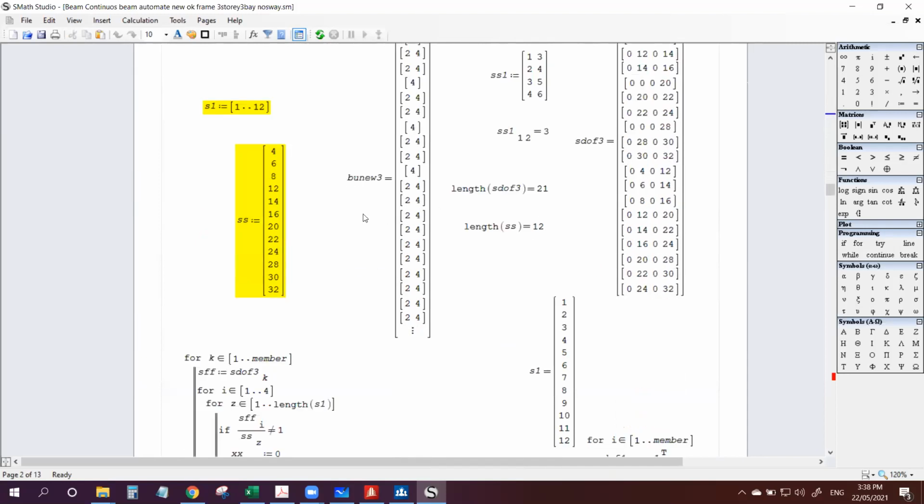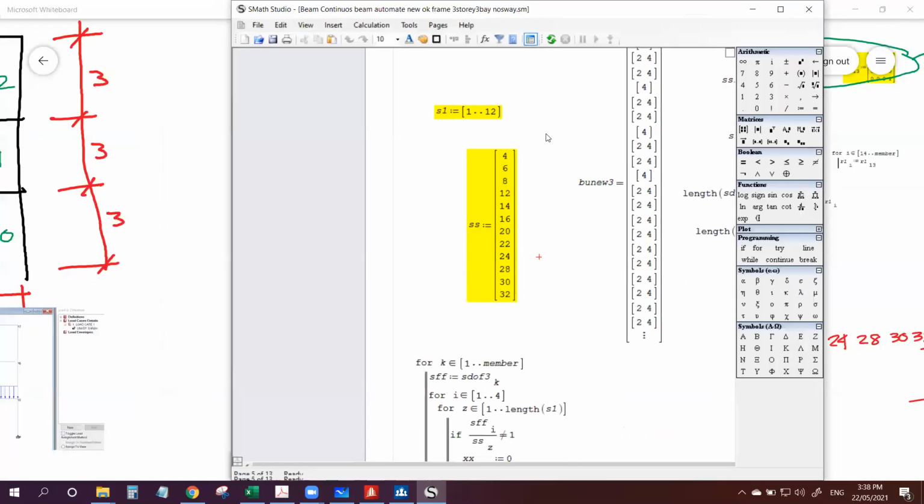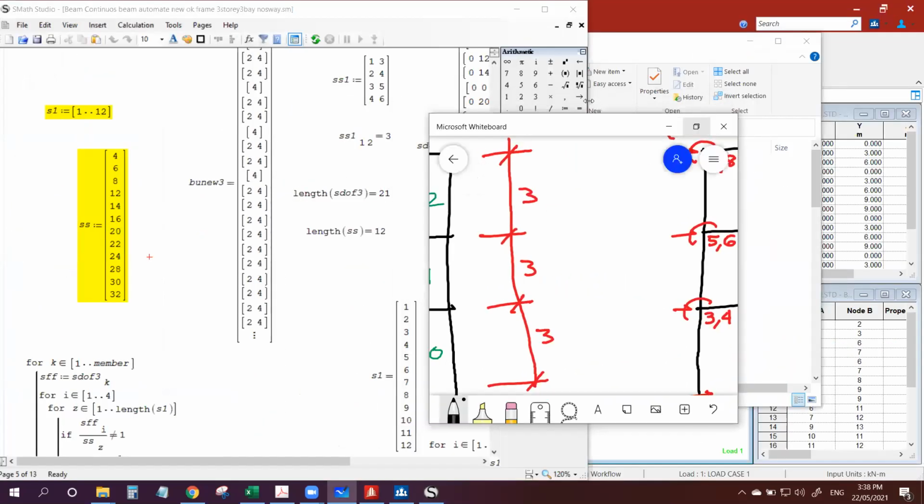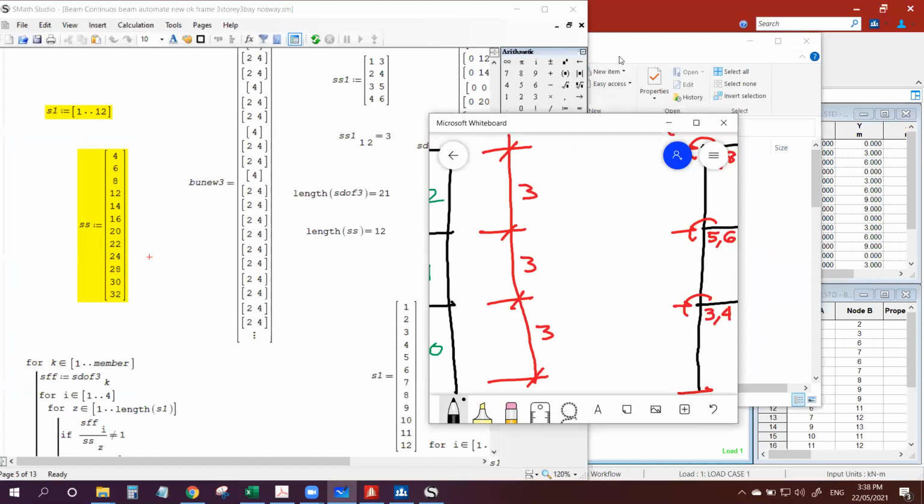Okay, so the red and the yellow ones are important. So S1, this is 1 to 12 because I have 12 unknowns. Then these are again the unknown displacements. Okay, 4, 6, 8, 12, 14.